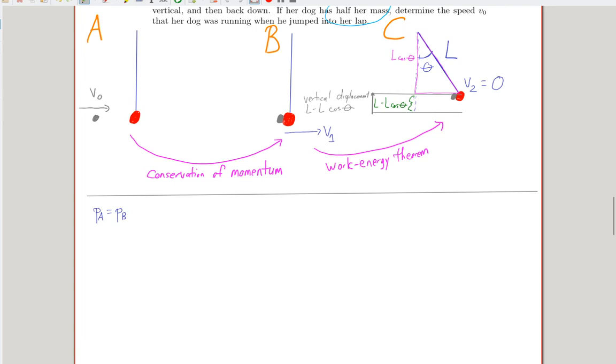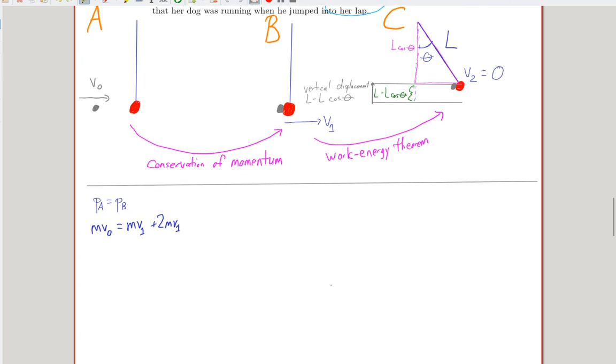So the momentum at A is going to be mv0, and the momentum at B is going to be mv1 plus 2mv1, Room plus Ohana. They're both moving at the same speed because he has jumped in her lap. So this pretty obviously gives us that v1 is equal to 1/3 v0.